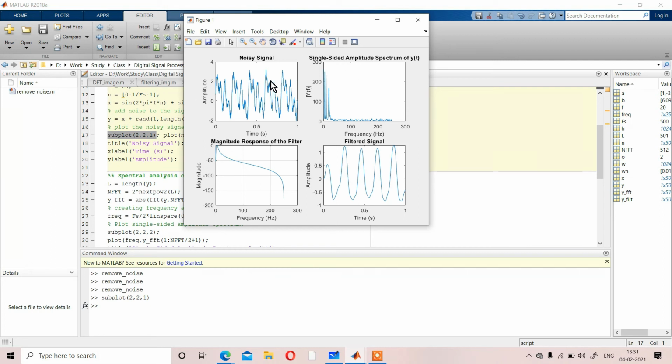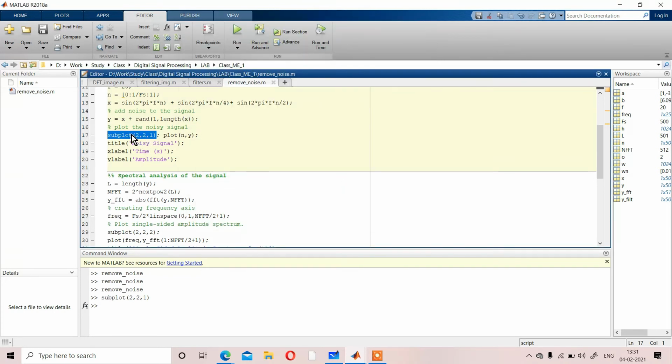And 1 defines the first position, 2 the second position, 3 the third position, and 4 the fourth position. So simply we are trying to display 4 signals in a 2 by 2 structure by defining the positions 1 2 3 4.